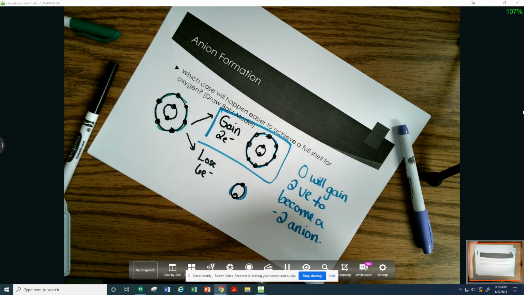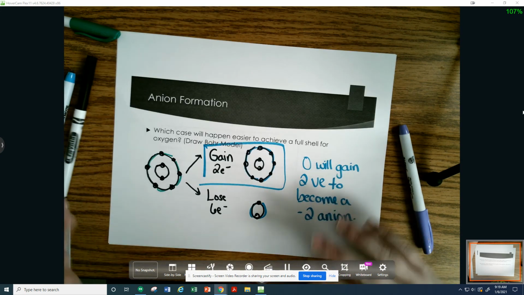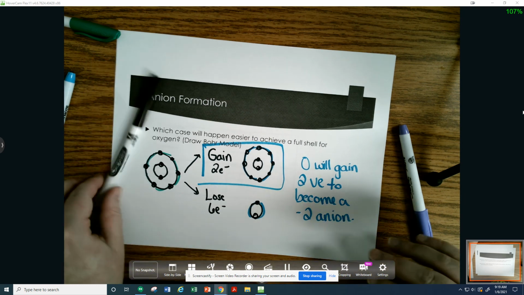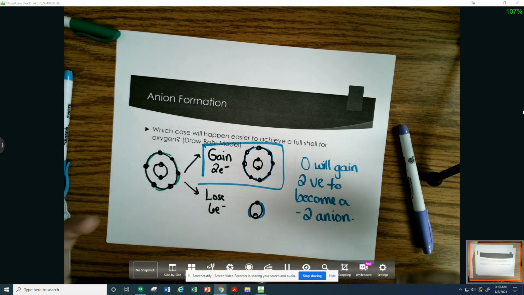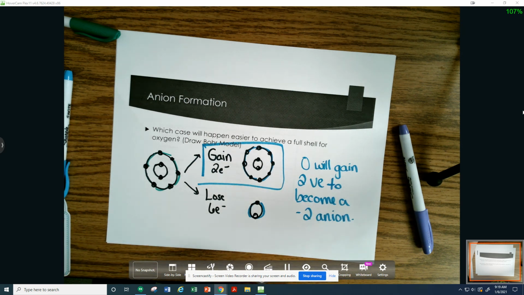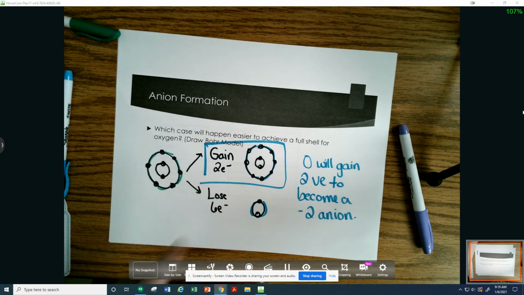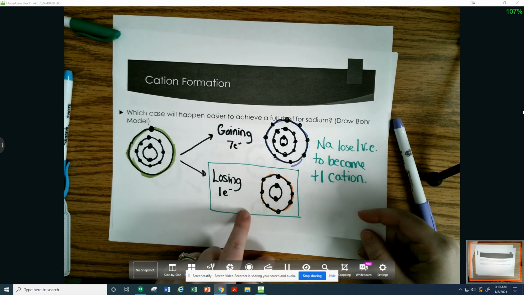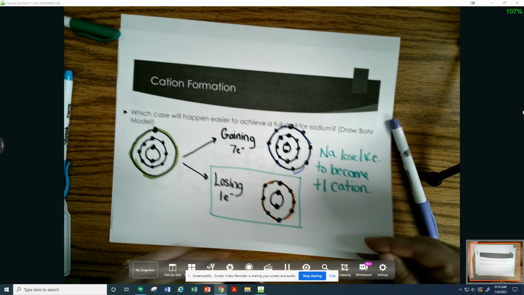So again, whichever pathway is going to require the fewest electrons, either in a gain or a loss, is the pathway it's going to take. It took fewer electrons through gain here, and fewer electrons through loss for the sodium, and that's why they choose those pathways.